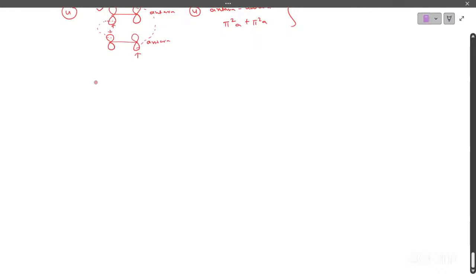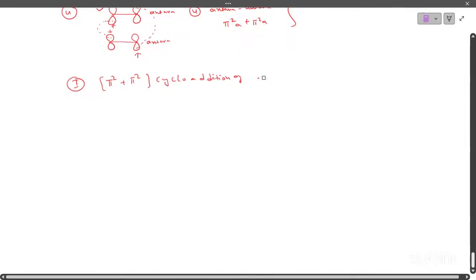This is cis-2-butene, a pi 2 plus pi 2 cycloaddition of cis-2-butene.